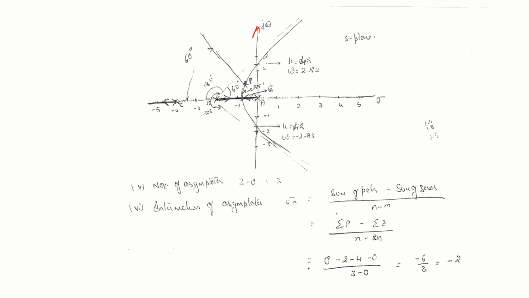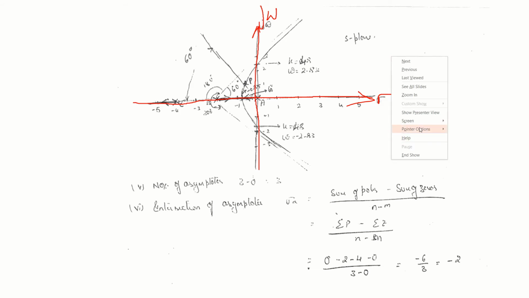See, this is imaginary axis. This is real axis. Better take a graph sheet and write j omega s plane. Next thing is, there is a pole here.